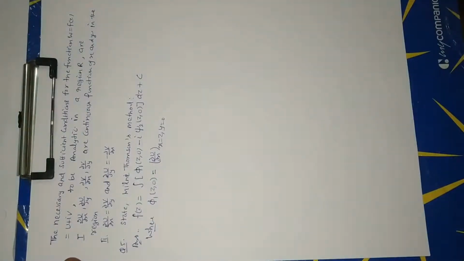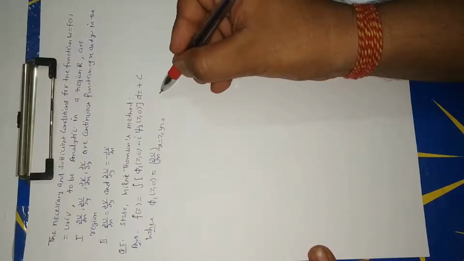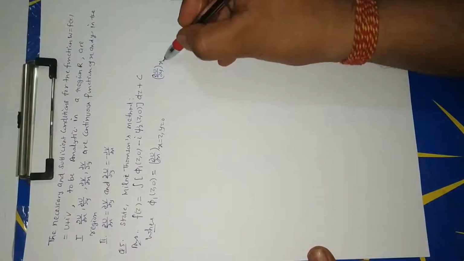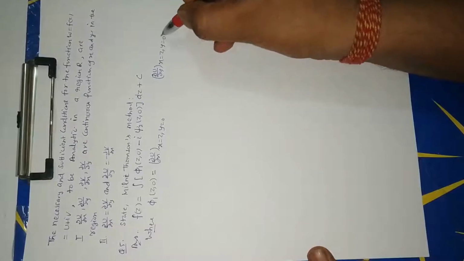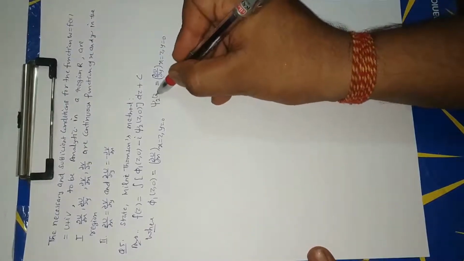Now repeat again: in ∂u/∂x we put x = z, y = 0, then we get φ1(z,0). Similarly, if we put x = z, y = 0 in ∂u/∂y, then we get the value of ψ2(z,0).